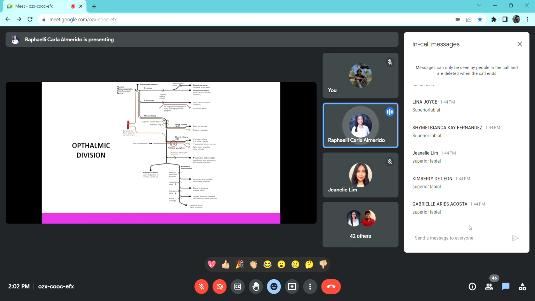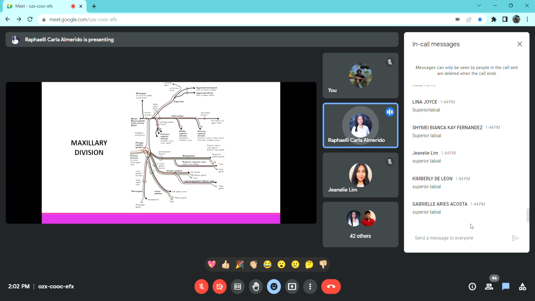So this just shows the summary of a schematic diagram for your ophthalmic division. Okay, just a recap, we have the frontal, lacrimal, and your nasociliary branches or nerves. Okay, and it has sub-branches. For the maxillary division, we have the following.